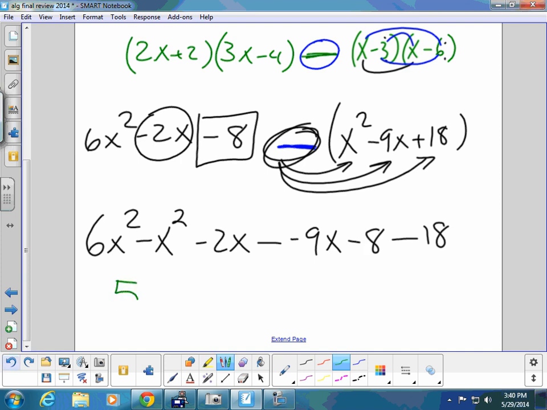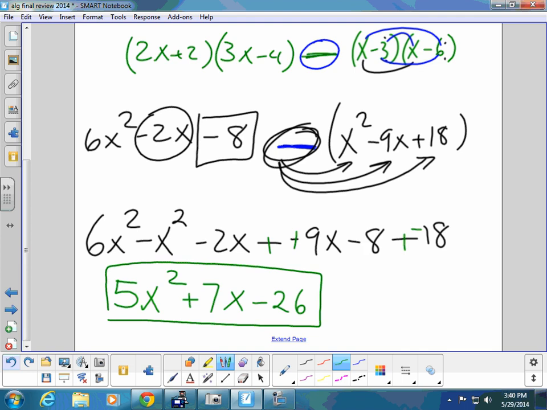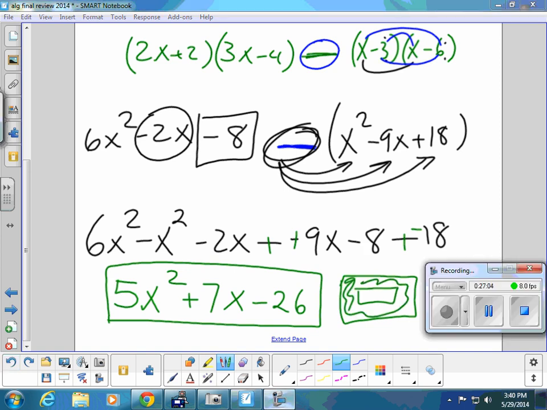This should be 5x squared. Add the opposite here is going to be 7x. And again, add the opposite here, and you got negative 26. So this would be the final answer, which is the area of the shaded region, which is the outer region here, the area of the shaded region.